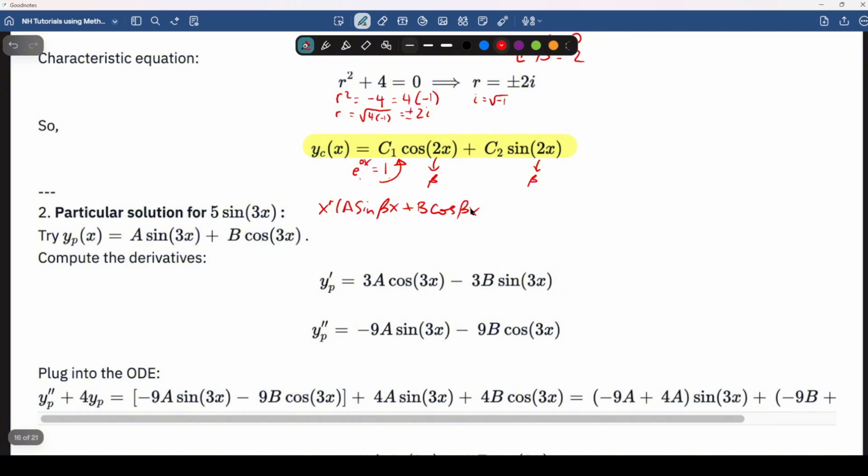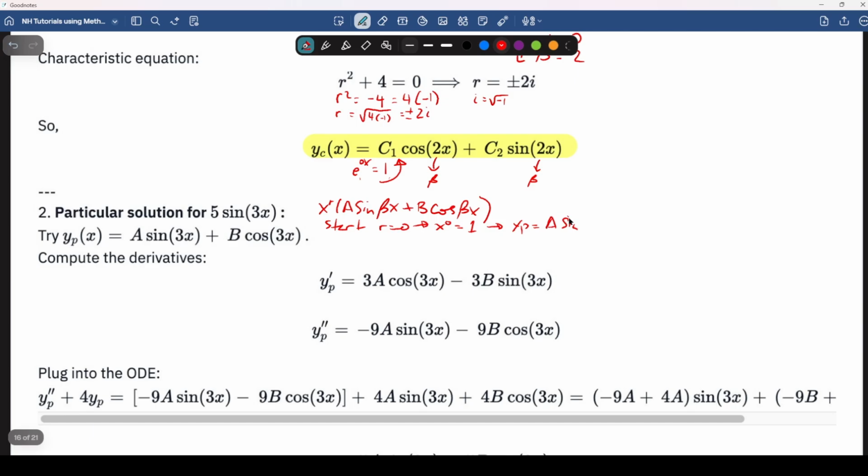Notice here we don't use the alpha anymore for the general solution. So starting from r equals 0, that gives x to the power of 0 equals 1, which then only gives you yp to be a sine 2x.